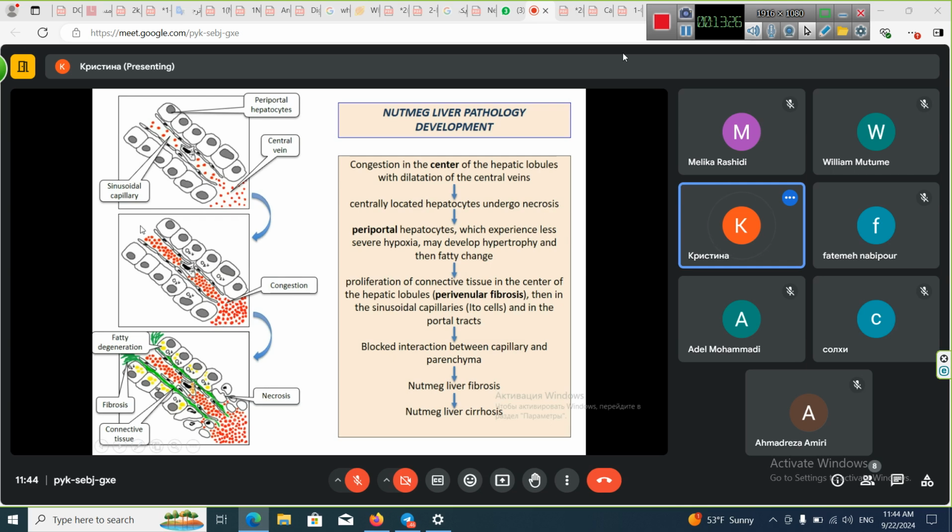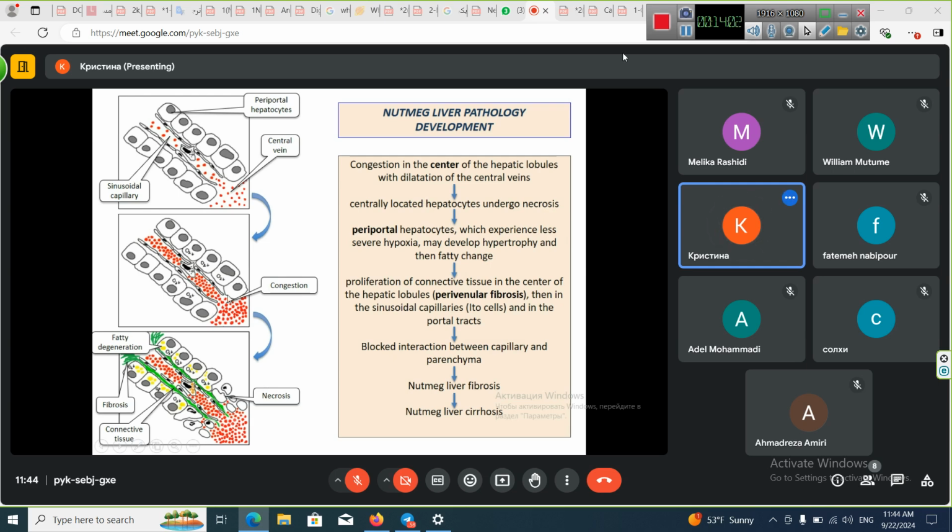It means that no new portions of blood rich in oxygen come to this area, and it means that finally all our hepatocytes will receive decreased amount of oxygen. Oxygen level goes down. And those hepatocytes which are located more closely to the artery, which should be here, they receive more oxygen than those located closely to the vein, to the central vein.